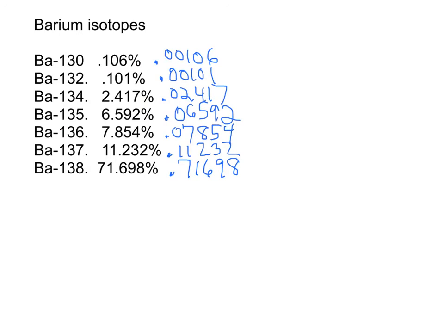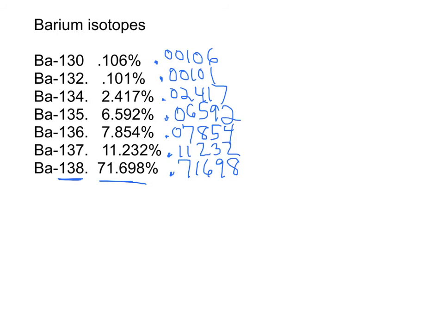And again, you really want to do this before you start because there's a lot of places you could go wrong in a multi-step calculation. Give yourself a sanity check before you start and say, all right, 71% of the atoms have this mass.